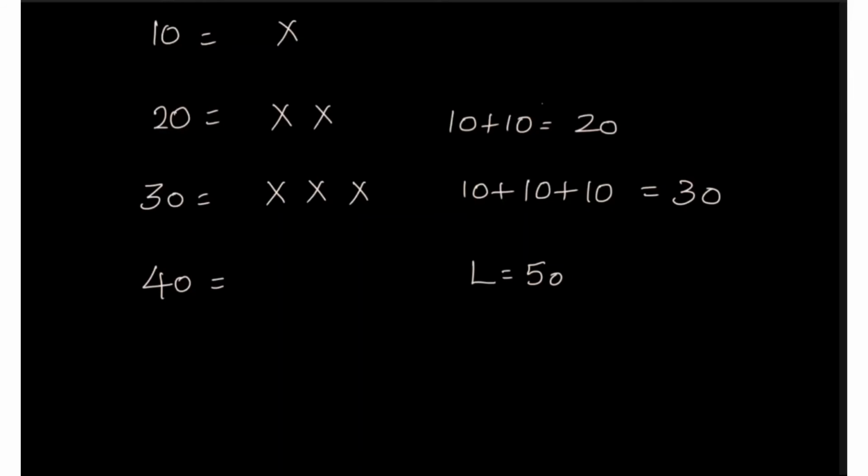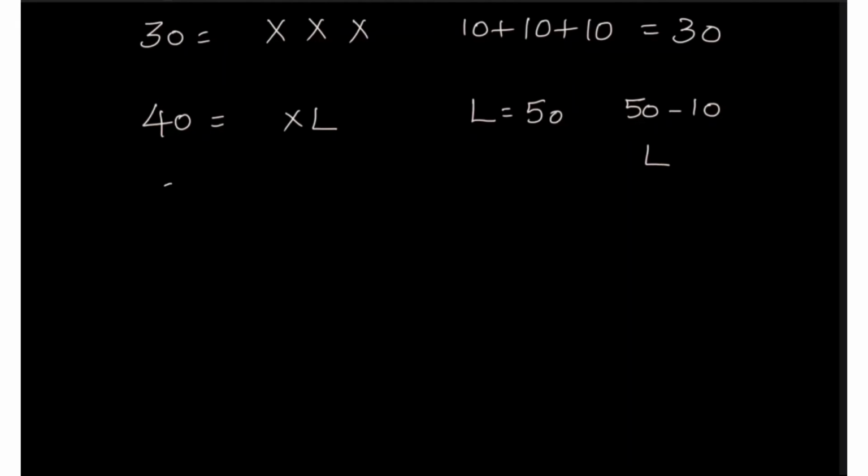So we can find 40 as 50 minus 10. Here 50 is equal to L. Then minus 10 means writing the corresponding letter to the left. That is, 10 is X. So 40 equal to 50 minus 10.